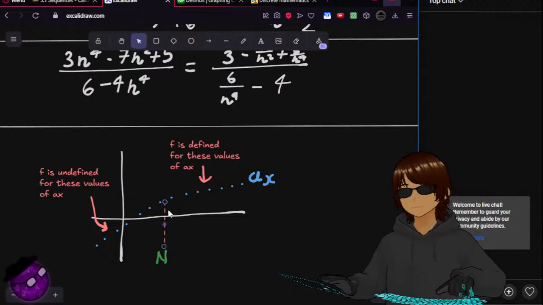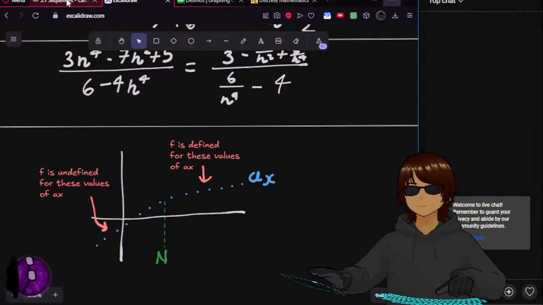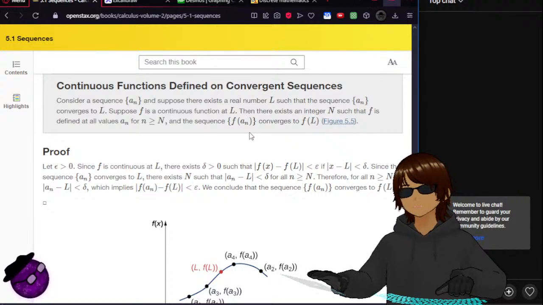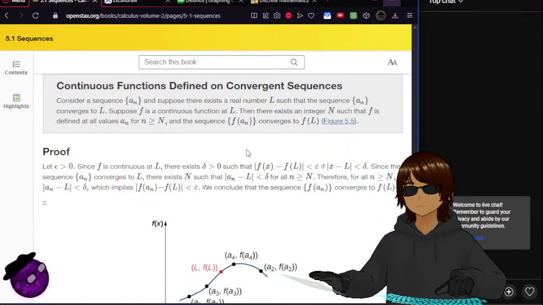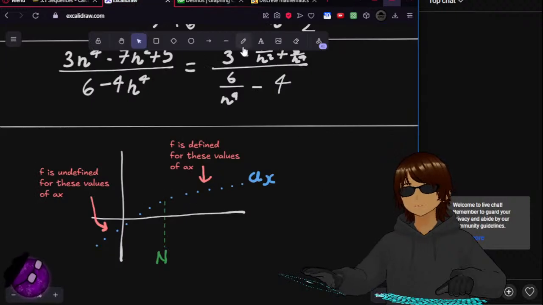Hold on, why is this? Yeah, so after N, for values like 5, 7, 8, and converging 8.1, 8.2, and so on, f is defined, because when it's converging, we need it to be defined.